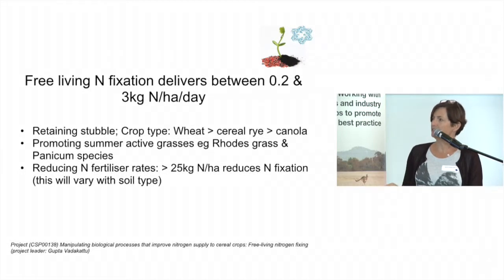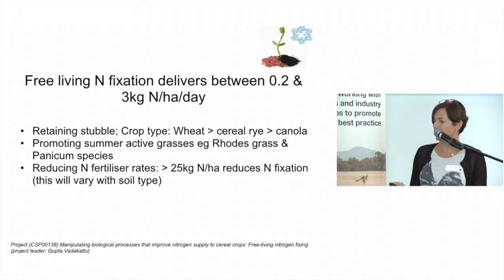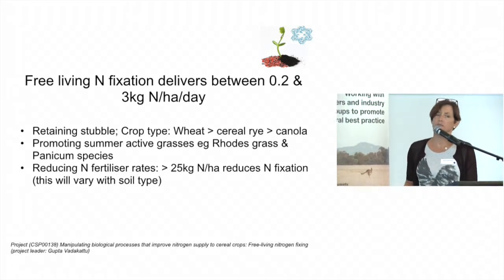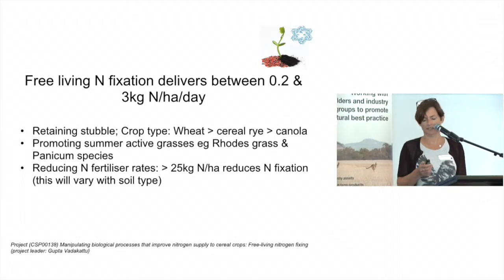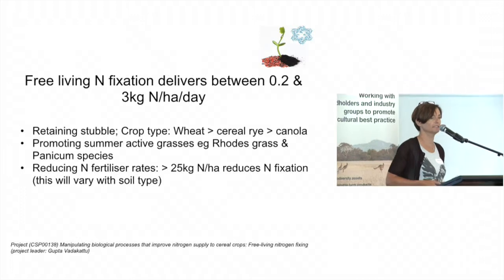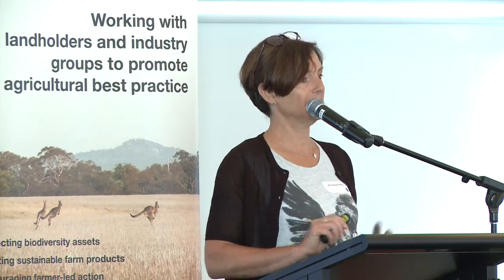I just want to mention the fixation of nitrogen, and the free-living fixation of nitrogen. Some recent work by Gupta has estimated the contribution of free-living nitrogen fixers. They live freely in the soil, as the name suggests, but they're different from symbiotic nitrogen fixers, which form the nodule association linkage.